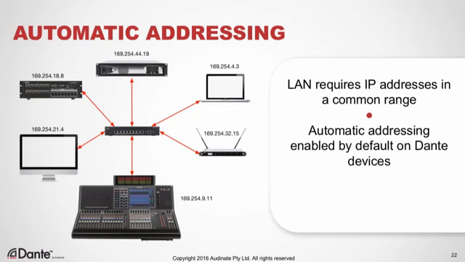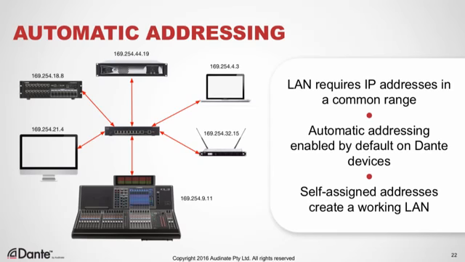No other components or configuration are necessary. Note that Dante fully supports all common means of managing IP addresses. They can be configured manually, or you can use a DHCP server if you have one. But most Dante systems are standalone networks using self-assigned addresses.